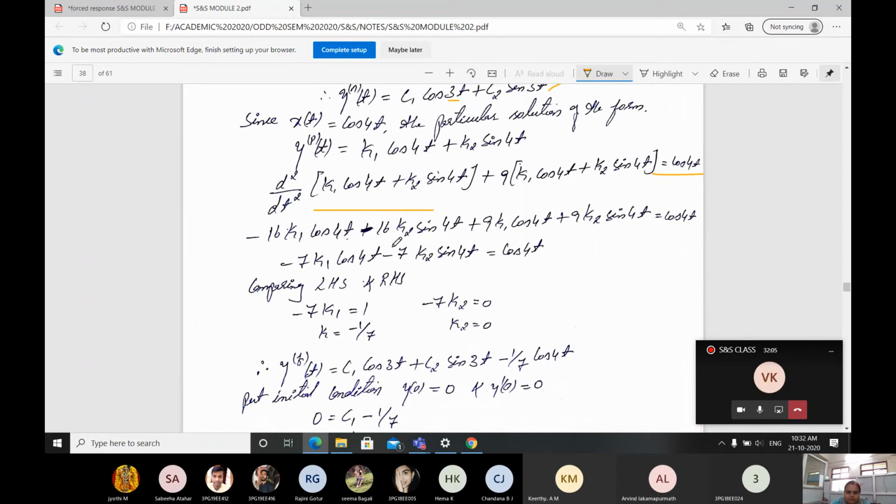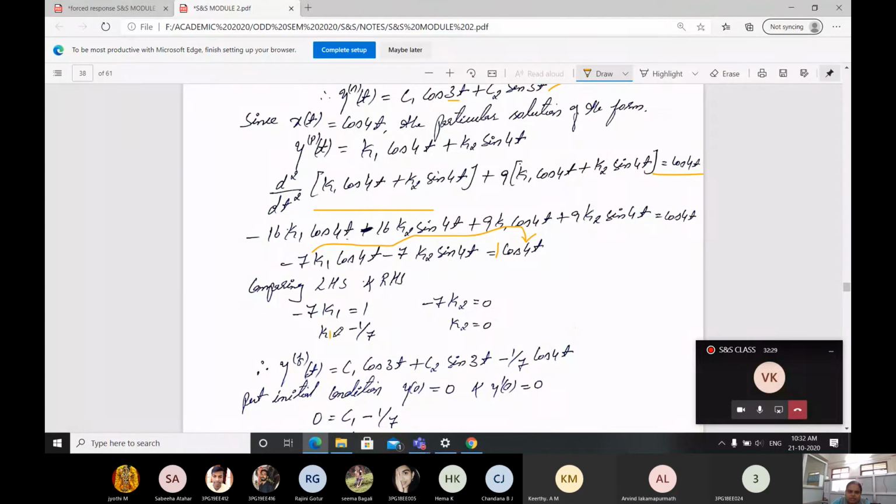Then compare the left-hand side and the right-hand side, keeping cos terms on one side and sin terms on the other. Comparing with cos 4t, the magnitude is 1, so minus 7 k1 equals 1.